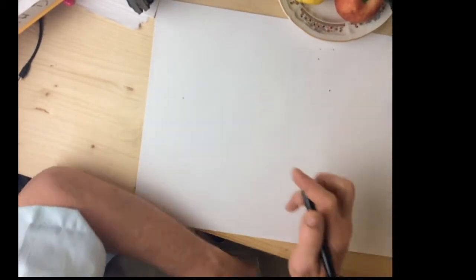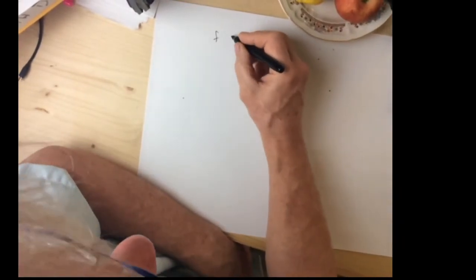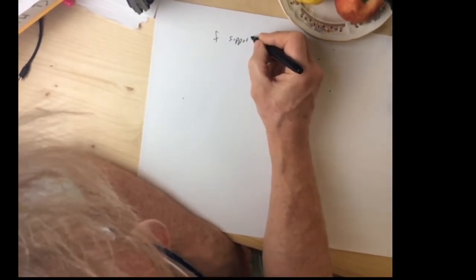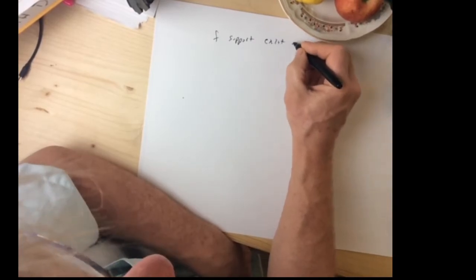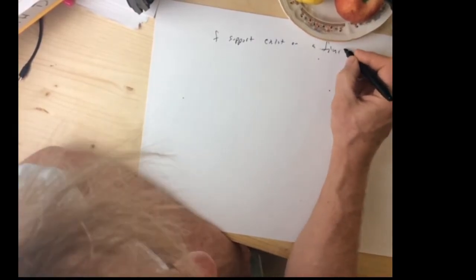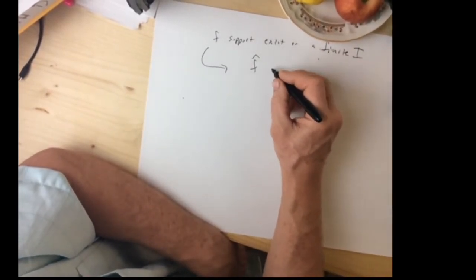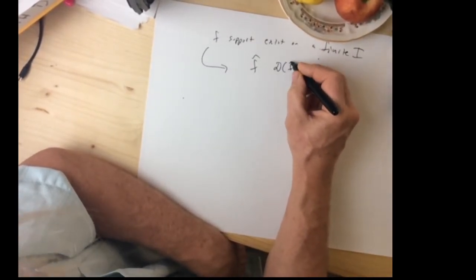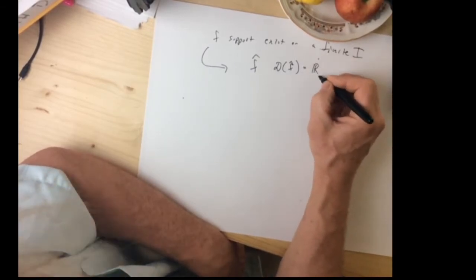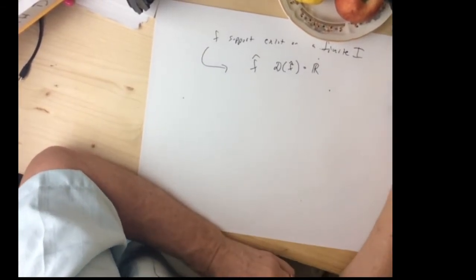Well, it's clear then that if f, its support, exists on a finite interval, then we can immediately extend it so its domain is on the real line and it's a probability function.